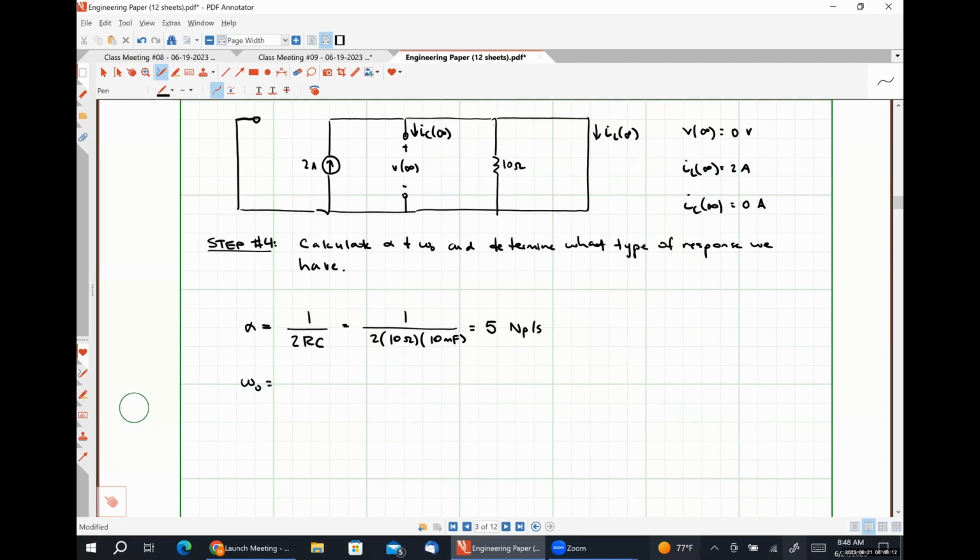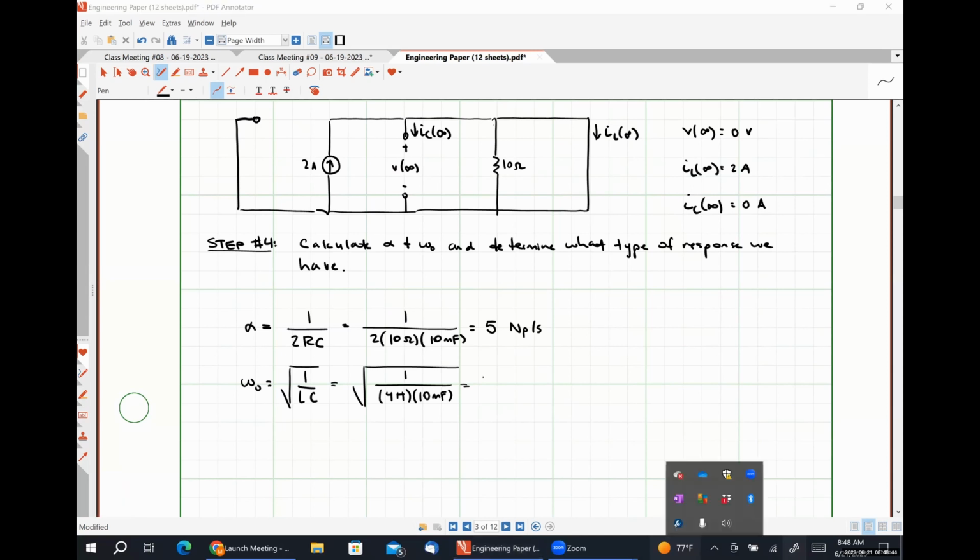Omega naught is the square root of 1 over LC. That's going to be the square root of 1 over 4 henries times 10 millifarads. So on the calculator, I have the square root of 1 over 4 times 0.01.